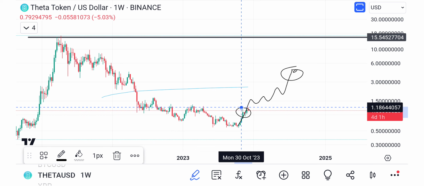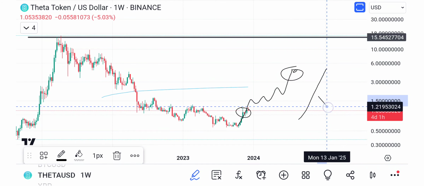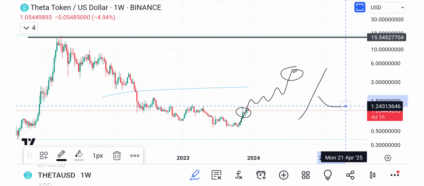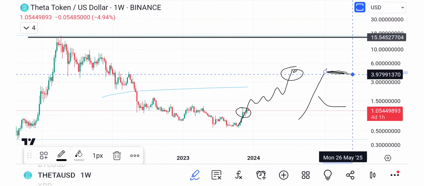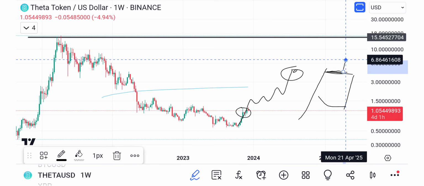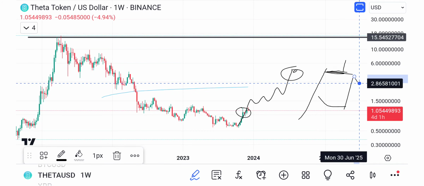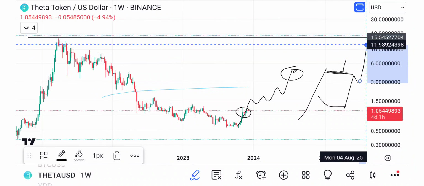Basically it says that Bitcoin pumps up while the altcoins pull back and go sideways. But once Bitcoin consolidates and goes sideways, that's when the altcoins catch up. And then when Bitcoin pumps again, they pull back, then catch up, and then go even further than Bitcoin.